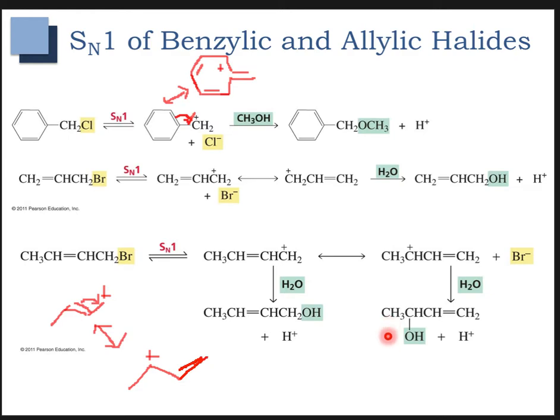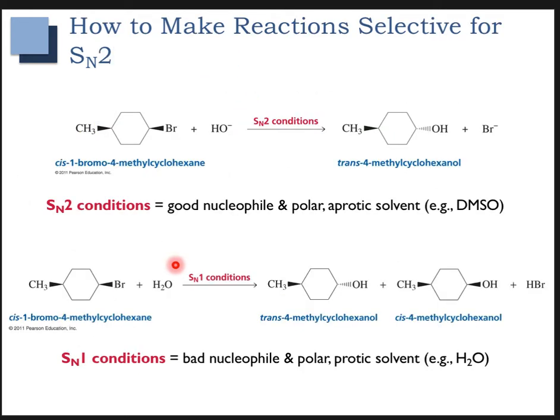So now that we've looked at these types of reactions, I just said vaguely here SN1 conditions and SN2 conditions. Let's go over how we would make those reactions selective. So let's say you have this alkyl bromide here and you want it to undergo an SN2 reaction. Well, based on all of the factors that we talked about in the last video, you'd want a good nucleophile and a polar aprotic solvent.